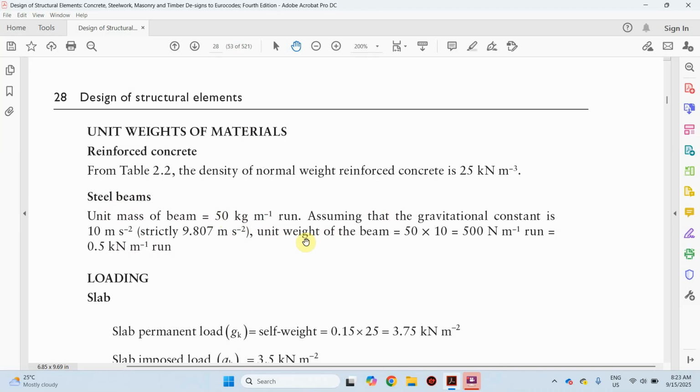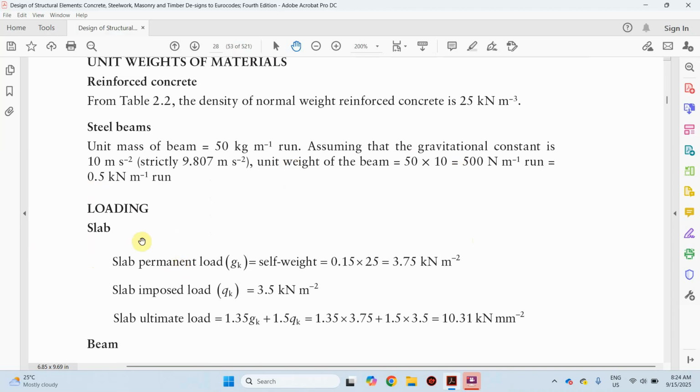To calculate the unit weight of the beam, weight is mg, mass times acceleration due to gravity. So we have 50 times 10, which is 500 newton per meter run. If you convert it to kilonewton, divided by 1000, you have 0.5 kilonewton per meter run.